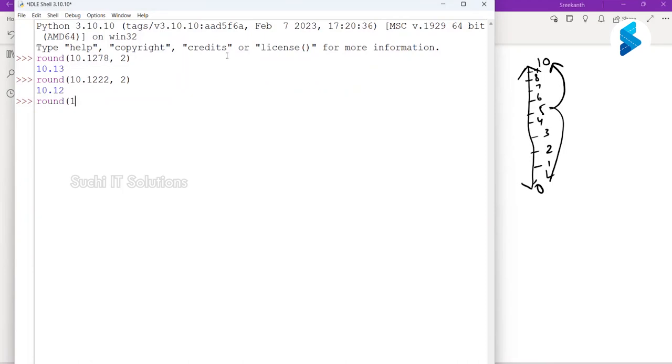Round off 10.12356 to 3 decimal points: 10.124, because anything equal to or greater than 5 would always fall to the next number.